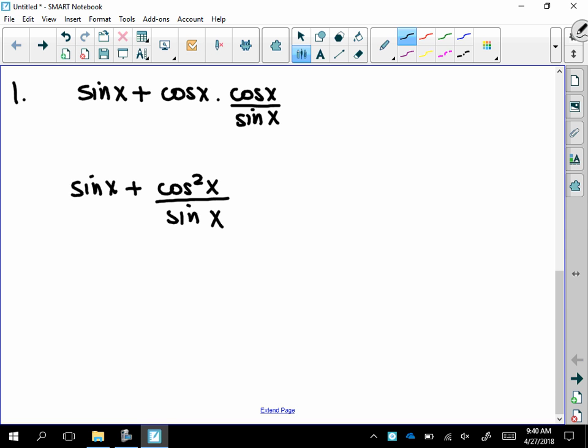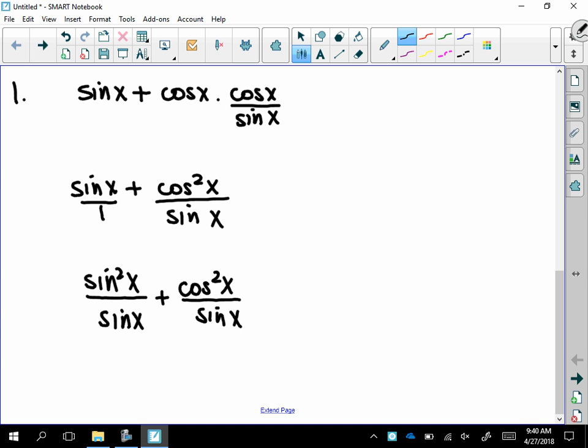If I wanted to add those two fractions together, what would the common denominator be? So it would be sine squared over sine plus cosine squared over sine. And then when you add these together, you get sine squared plus cosine squared in the numerator, which is 1. And 1 over sine becomes cosecant.